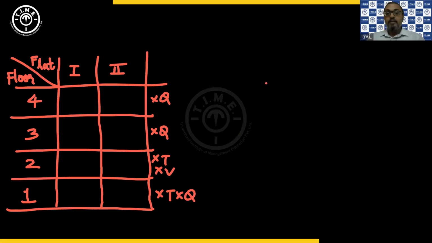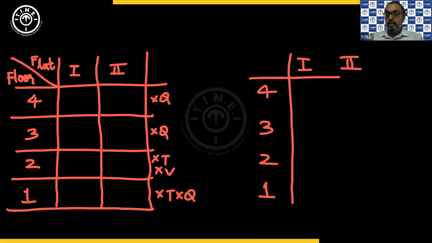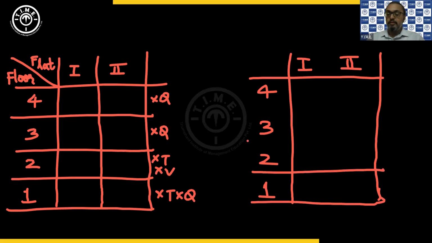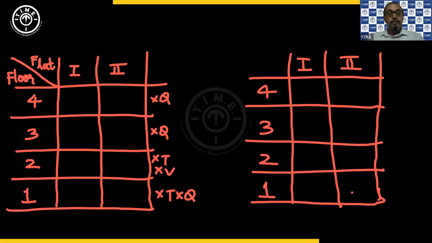So straight away, I can now have two cases. Why? Because I don't know which flat Q is going to be in. So I will have to consider both cases. Based on the elimination and the given information, we have eliminated Q on all the other floors except the second floor.